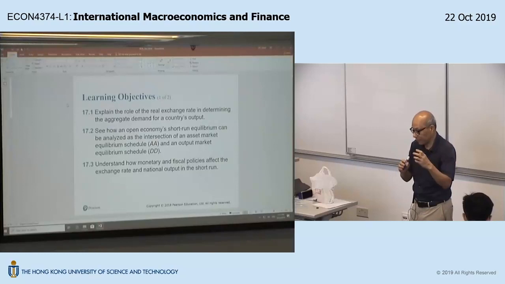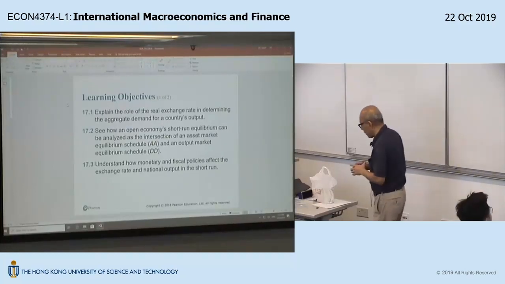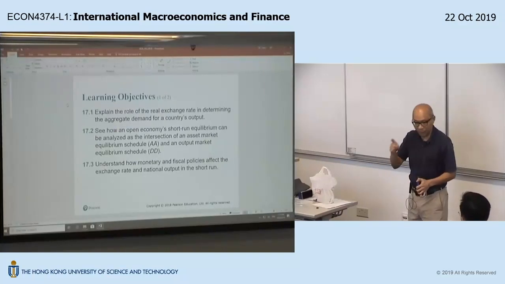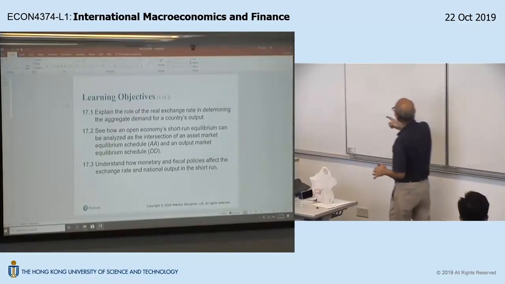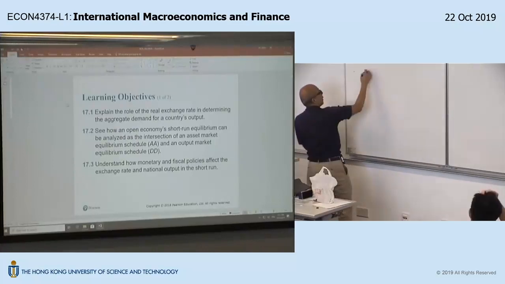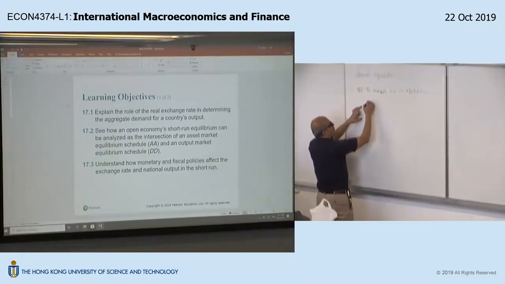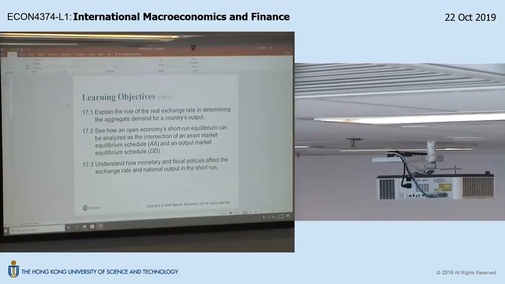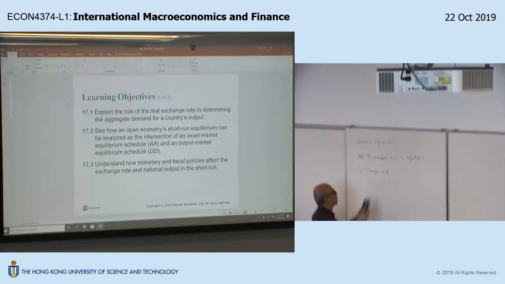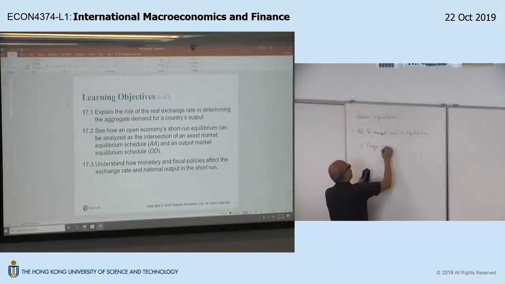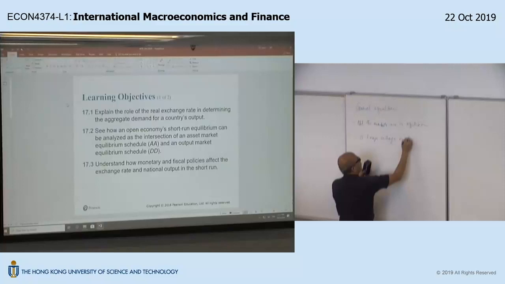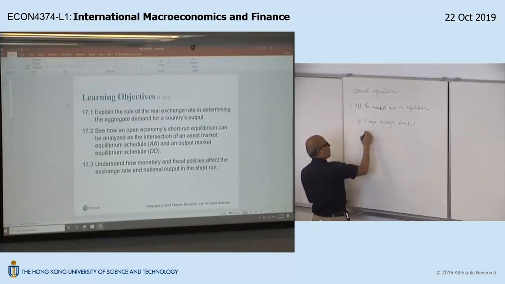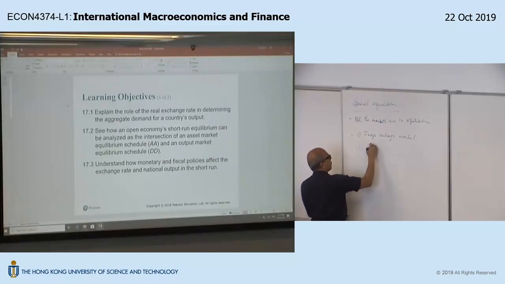So in some sense, we were approaching the general equilibrium, but there's one more market we have missed so far. We have the foreign exchange market, and then we have the domestic money market.